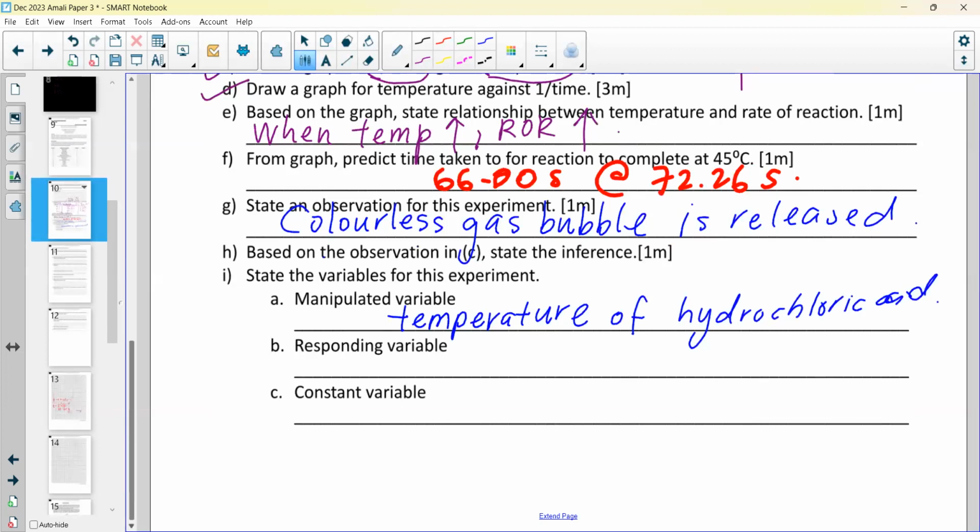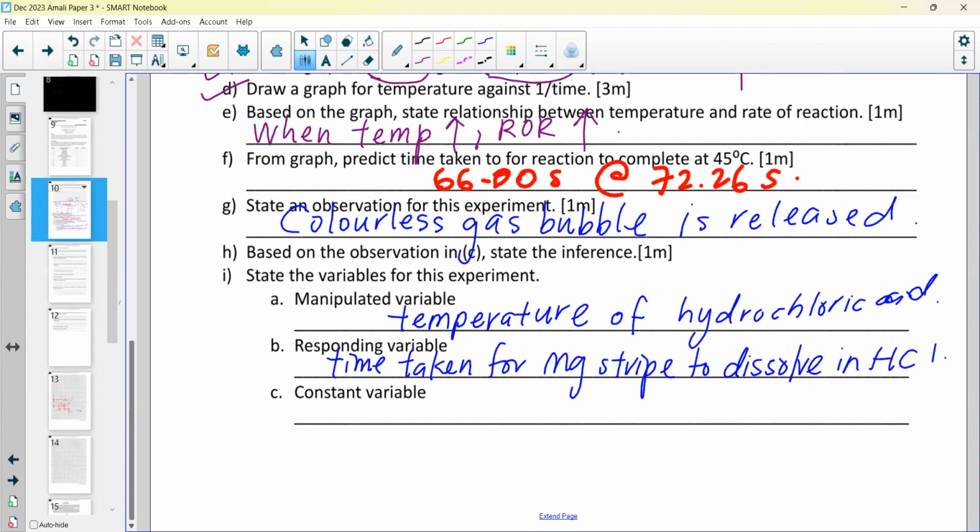Now, responding variable: time taken for the magnesium strip to dissolve in hydrochloric acid.